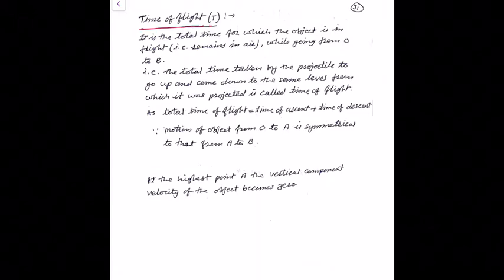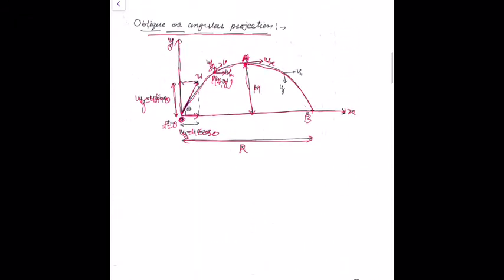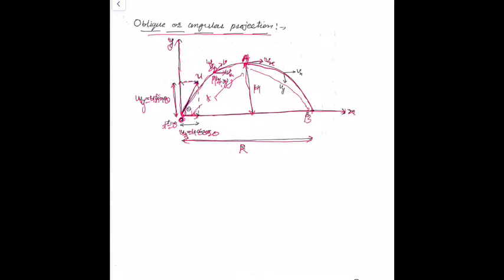Next, time of flight, represented with capital T. It is the total time for which the object is in flight, that is, remains in the air while going from O to B. So see in the figure, the time taken from O to A is represented with T1, and A to B is represented with T2.